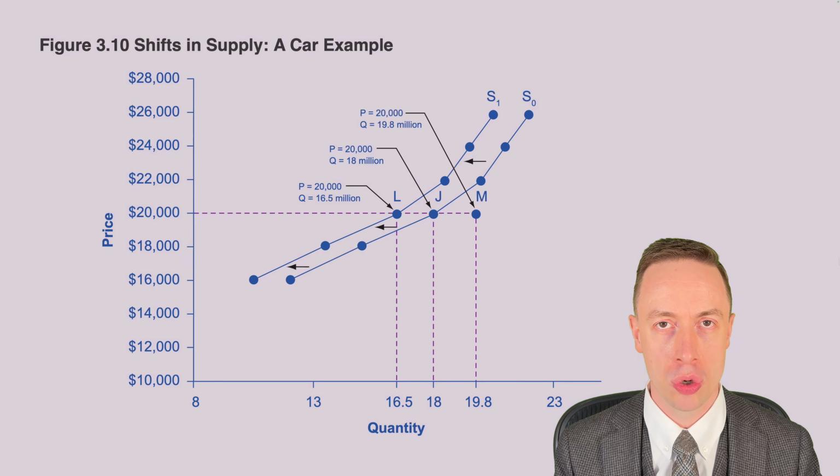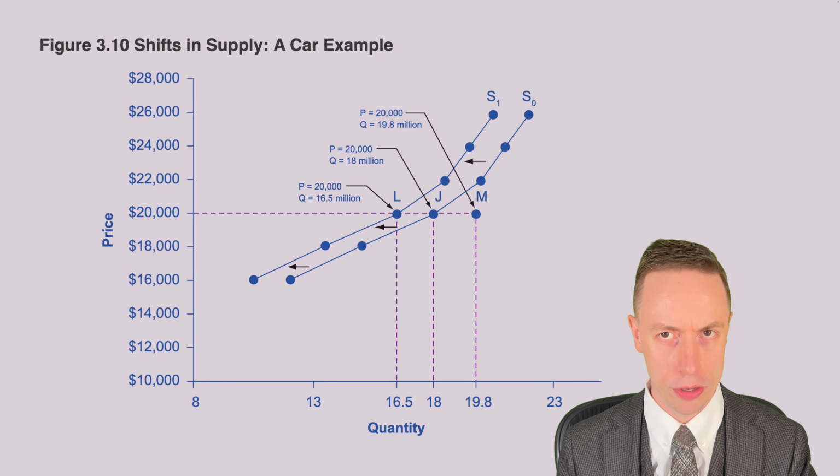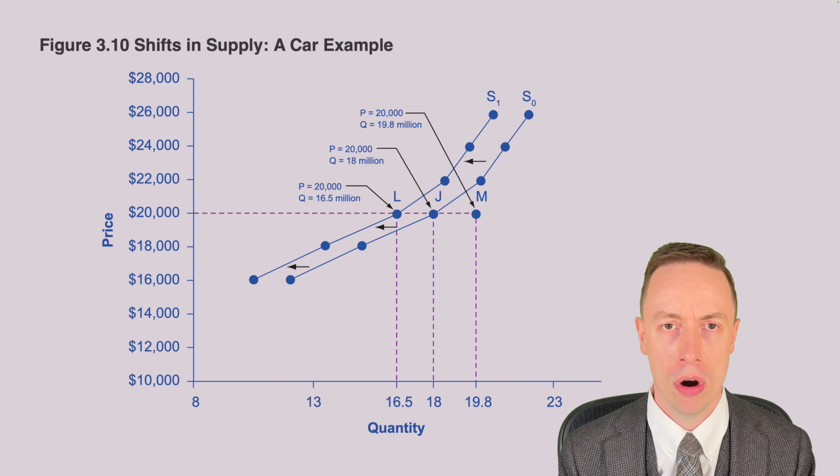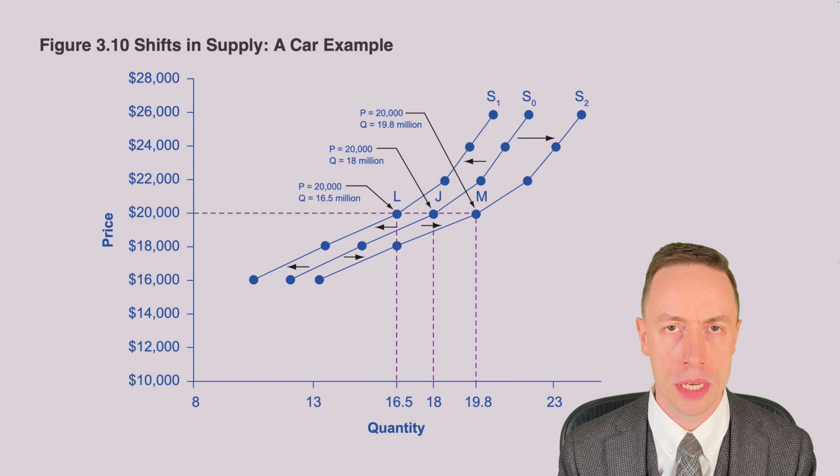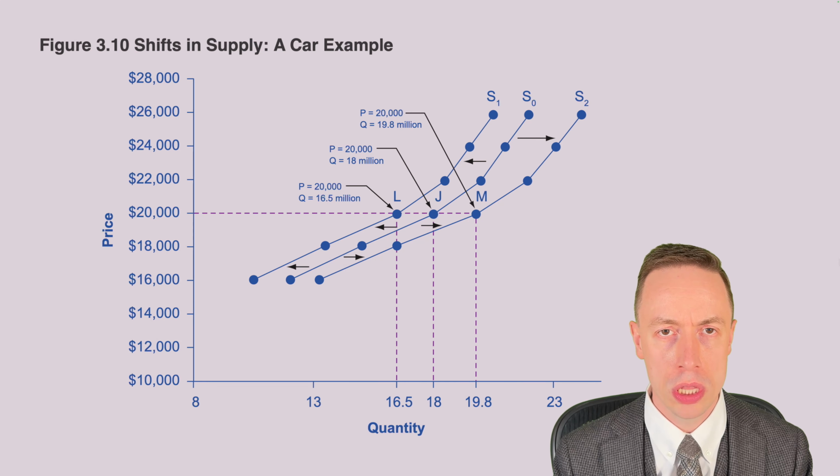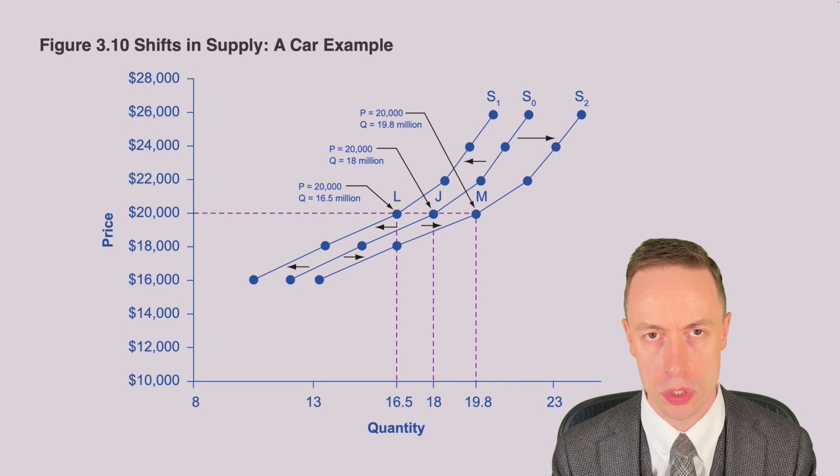Likewise, if at the $20,000 price we see more vehicles on offer, let's say 19.8 million, we are outside of the original supply curve on point M, and this happening up and down the entire supply curve would lead to a rightward shift in supply or an increase in supply.